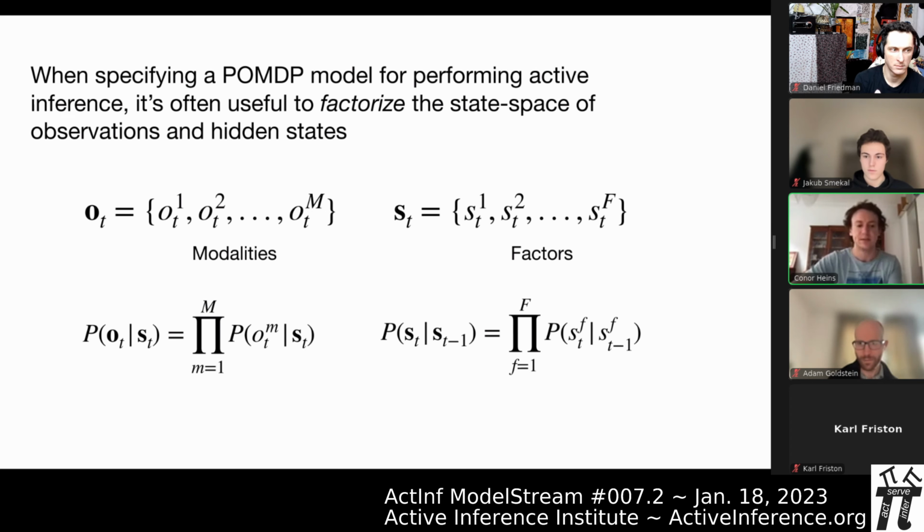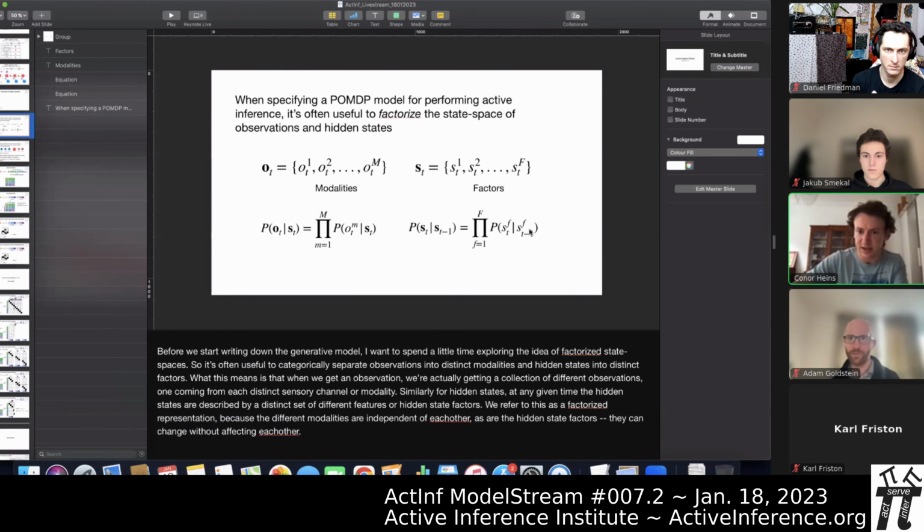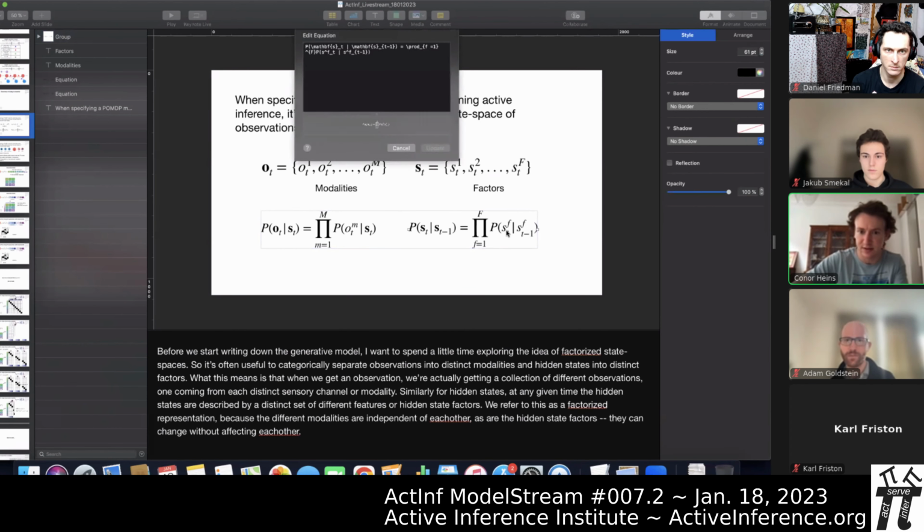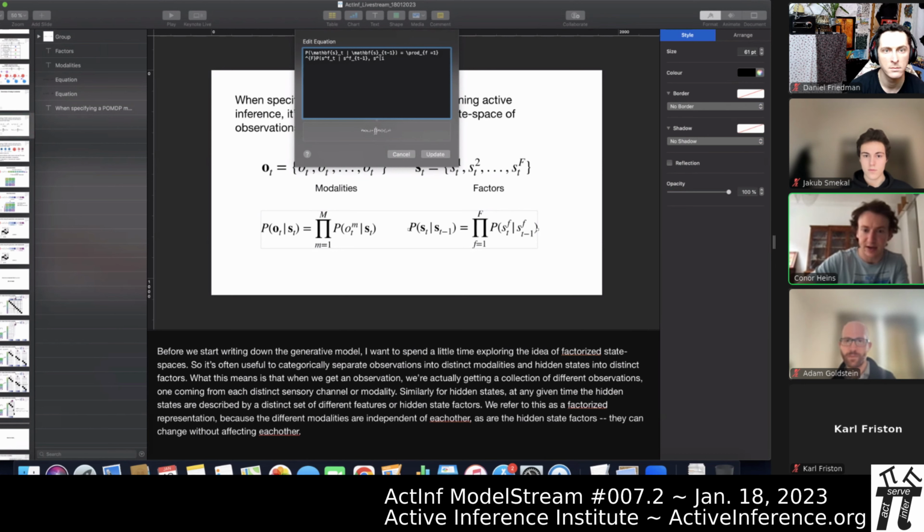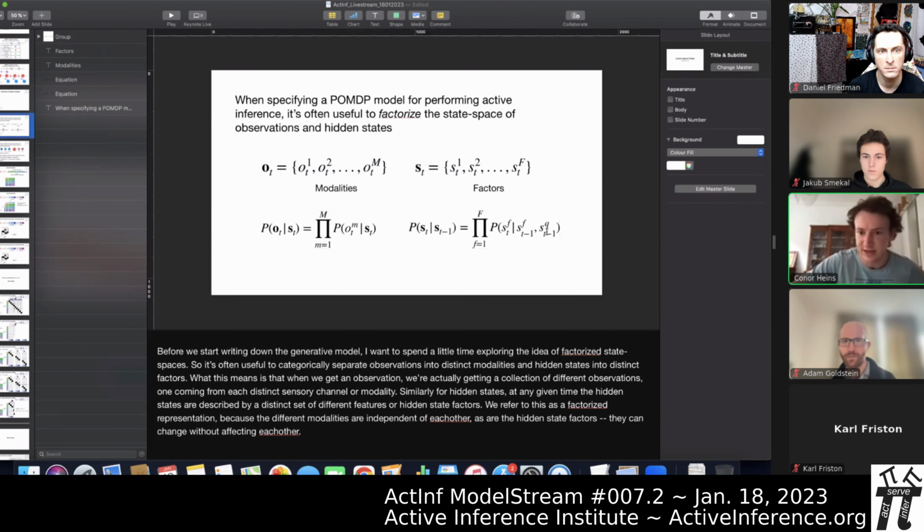But if you said, I could also make this conditionally dependent on not just factor F, but say factor I or Q at t minus 1, this is something that's also not currently supported, but I think is an interesting idea, which is you would actually have interactions between maybe pairs of hidden state factors in hidden state space.